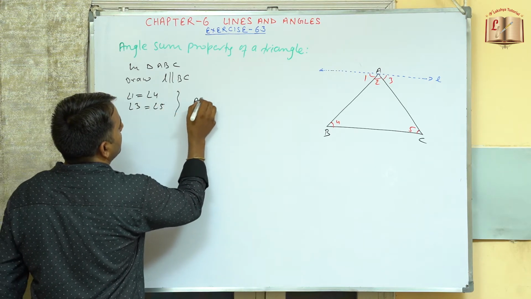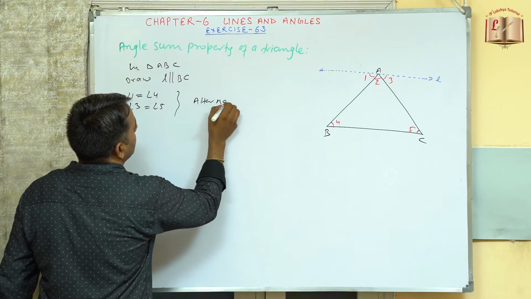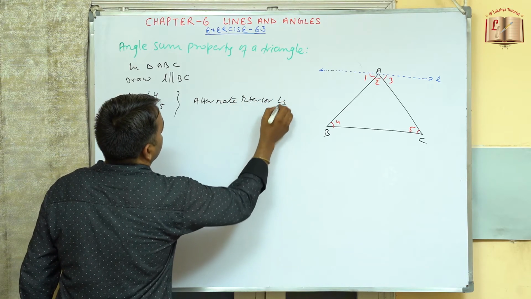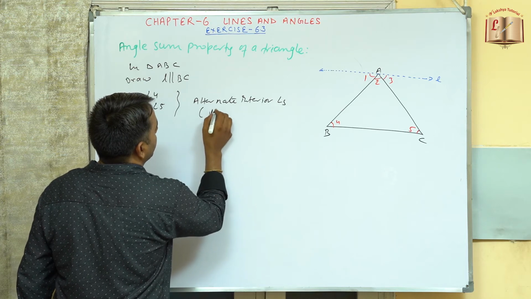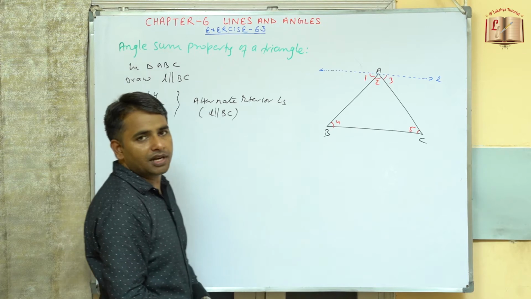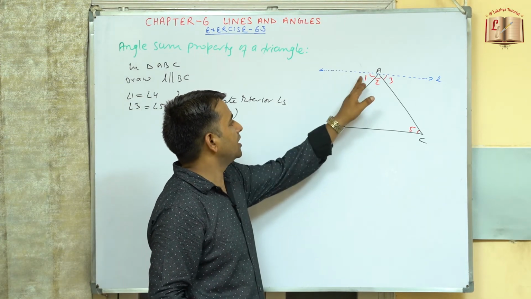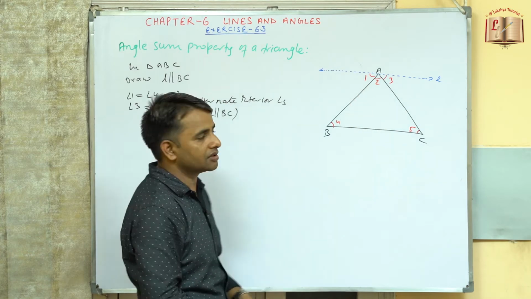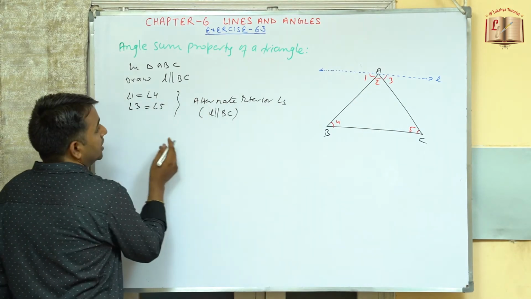Why? These are the alternate interior angles because line L is parallel to BC. So angle 1 and 4, 5 and 3 both will be equal. So they are the alternate interior angles.